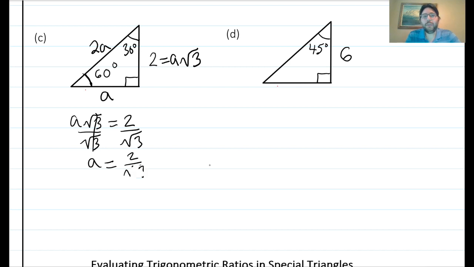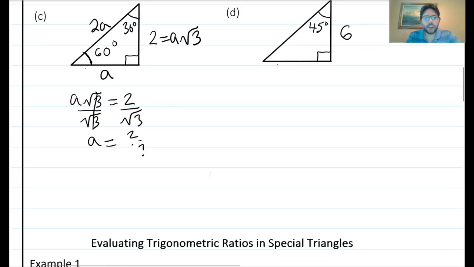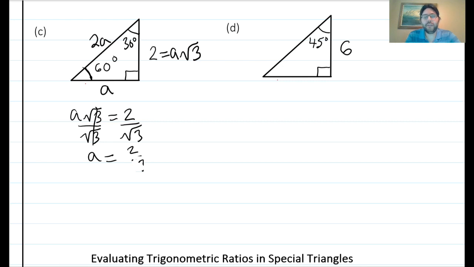Now the only problem here is that we need to get rid of the radical on the bottom. Let me erase this again because it's having a little glitch here. So we need to get rid of the radical on the bottom, so we need to multiply by the same radical on both sides.